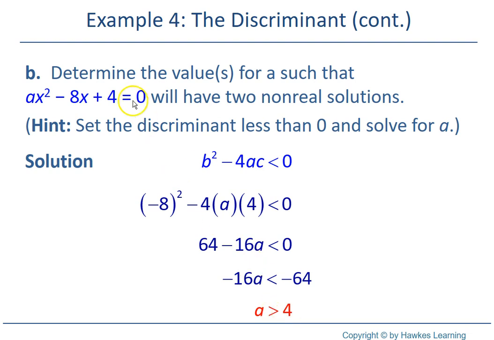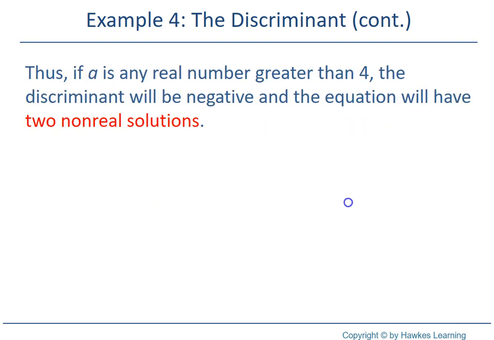If a over here, this a here is greater than 4, this will end up being negative and will give you two non-real solutions. So here they're pushing that bar somewhat up there, so we're getting some challenging things, but hopefully they're making sense.